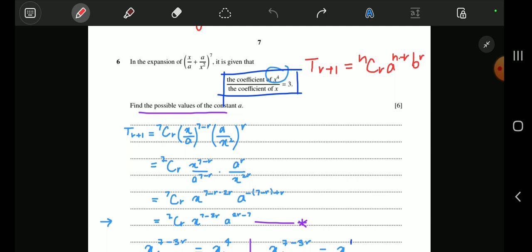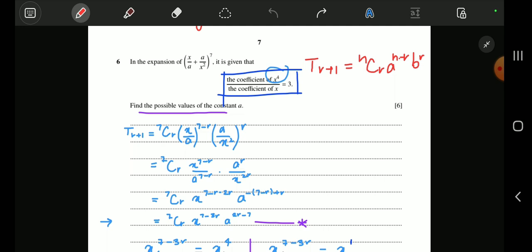So this is the relation that they have given you. We'll find the coefficient of x4, we'll find the coefficient of x in the given term, and we'll divide them and put it equal to 3. Find the possible values of the constant a, and we are going to find the values of a.